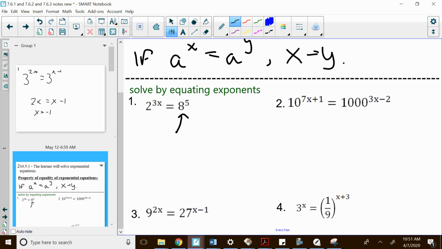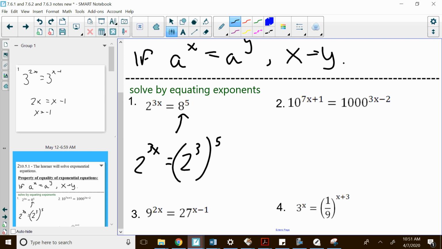Now, you could change this 2 to having a base of 8 as well, but it's a little bit tougher to do that. Let's take that 8 and write it as 2 cubed. We have not changed the value of this equation one bit.